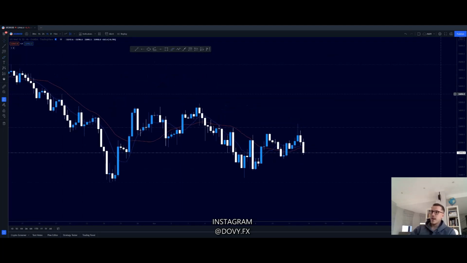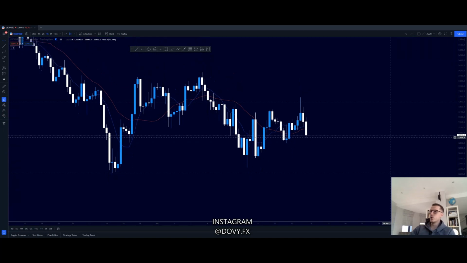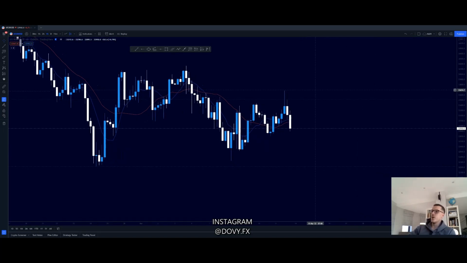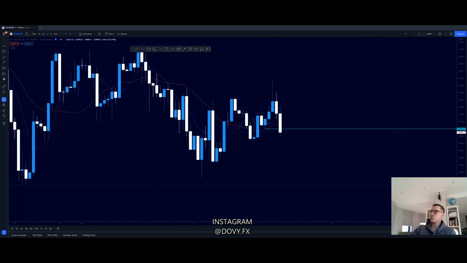Now, as I scale down to a lower time frame, there's a couple of crucial things that led me to a decision that I'm going to be looking for short positions on US30. The first thing was that we broke a higher low, right? So let's zoom in, and as you can see, we have a higher high, a higher low, and a failure to make a higher high, right?